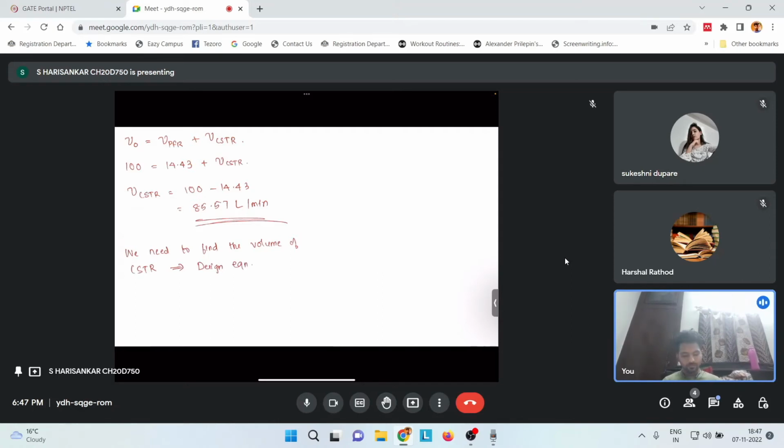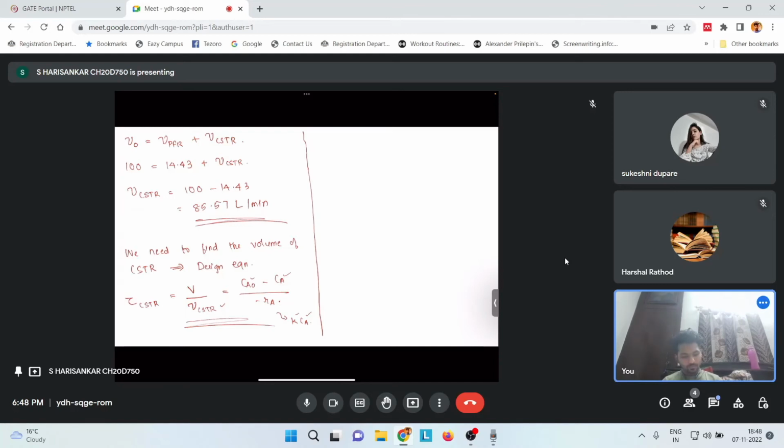So the design equation is tau CSTR, which will be V by nu CSTR, and that will be equal to CA0 minus CA by minus RA. So now what we have to do is substitute all the values that we have. We have the value for nu CSTR, we have the value for CA0, we have the value for CA, and this RA is basically K CA, and we have the value for K as well as CA. Now we can substitute all these values and find the volume of the CSTR.